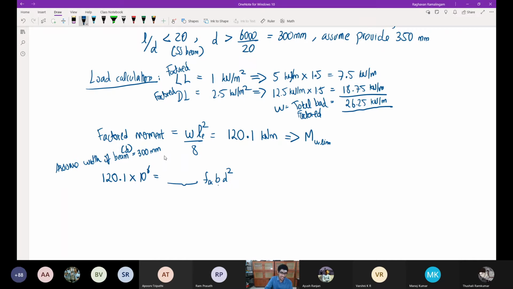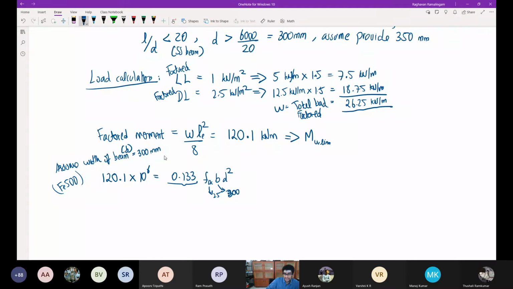Anyone remembers for Fe 500? 0.133. fck is 25, b is 300, in mm only. This d we have to find.